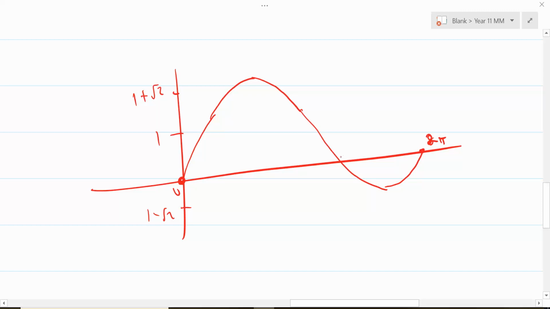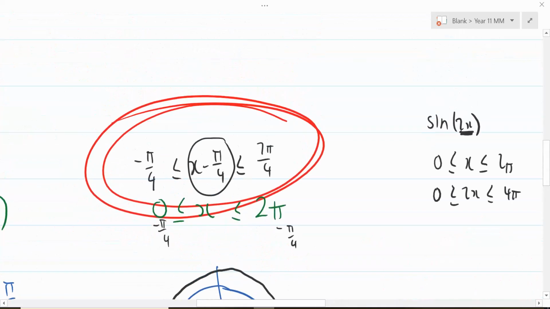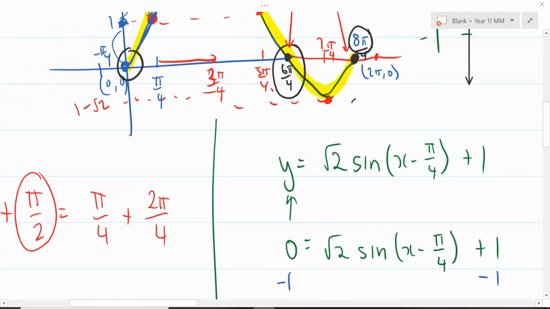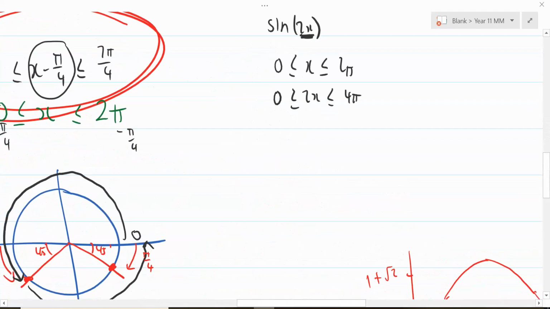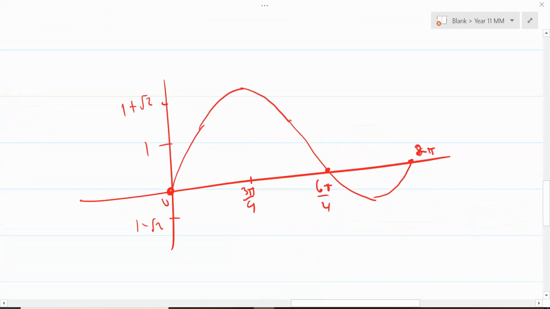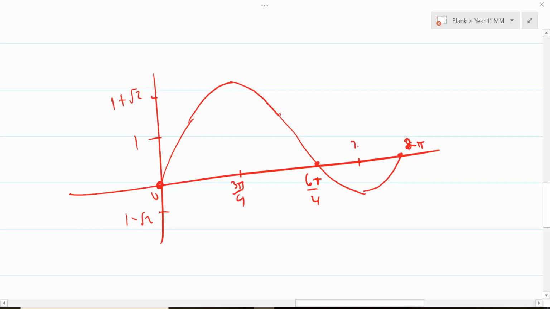Okay, so that means there's a 6 pi on 4, and you know that this maximum here was at, what was it again? What did I do? I drew it over here. That was 3 pi on 4. That's what your graph should look like, essentially, between 0 and 2 pi.